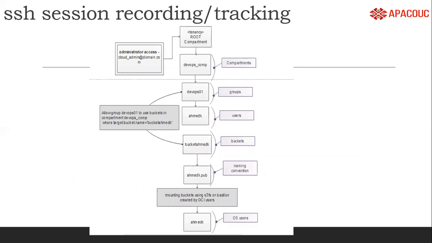Now, getting into SSH session tracking and recording, we tried this in a typical client and OCI connectivity use case. As you can see here, we considered one particular compartment, which belongs to the DevOps team, and we created a group, DevOps 01.